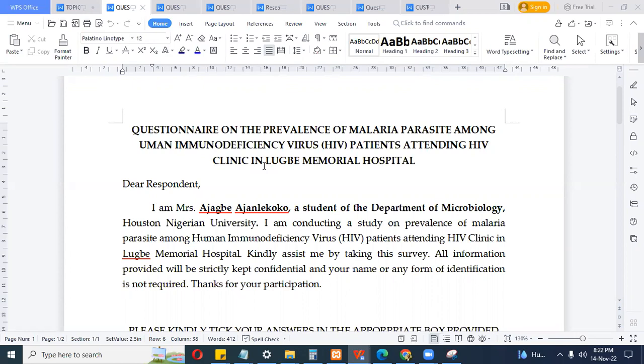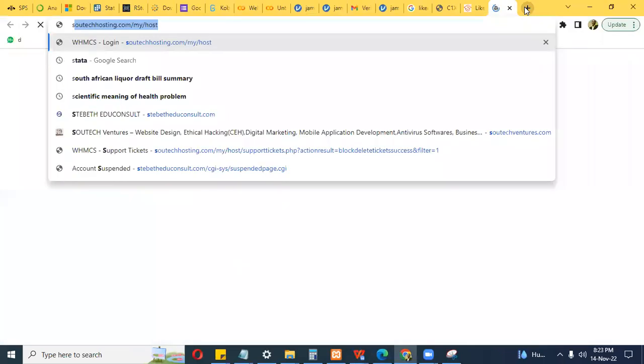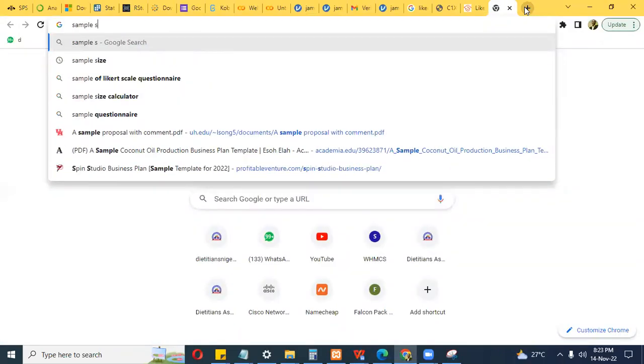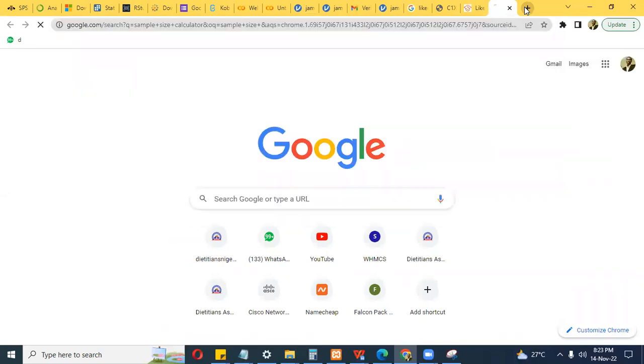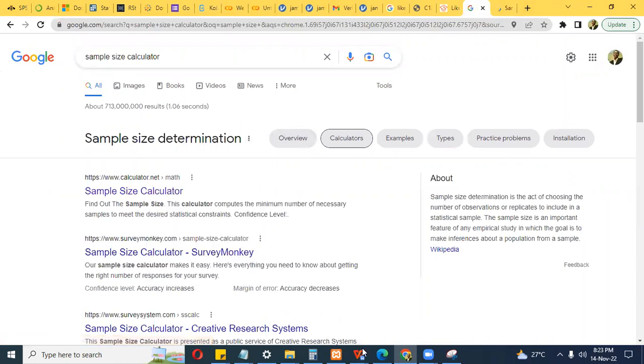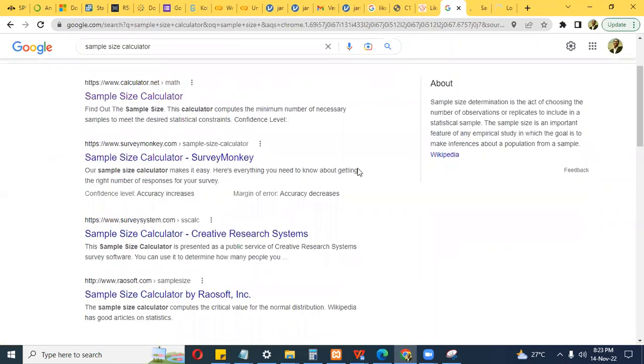And don't forget what I talked about, sample size. I think we mentioned it in our sample size calculator. There are quite a number of formulas you could use to get sample size, but you want to keep it very simple.